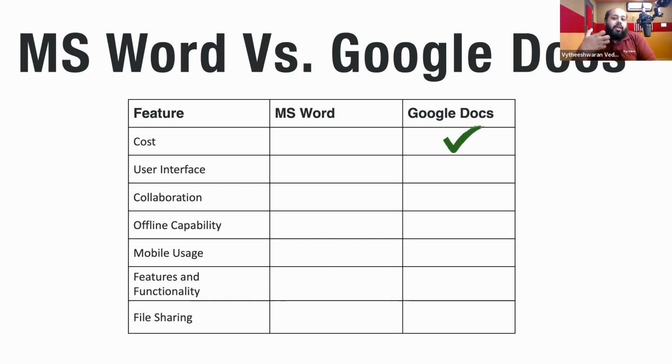When you come to the user interface of Microsoft Word, and compare it with Google Docs, I personally like the user interface of Microsoft Word, because they have this ribbon interface where, when you go into a particular tab, all of the functions are visible to you upfront.